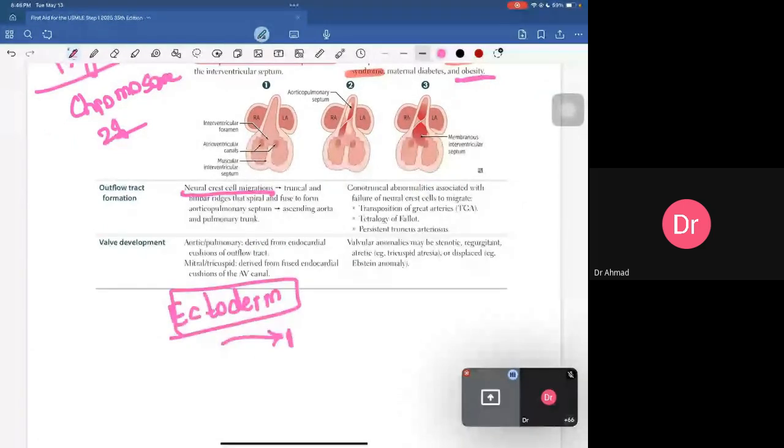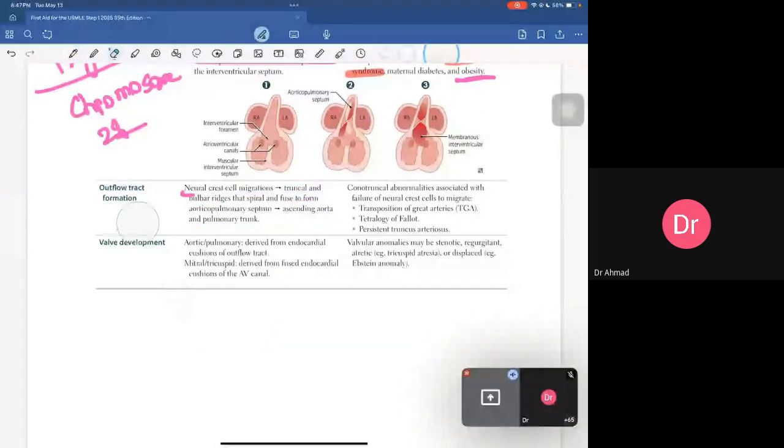And when these migrate, these will form truncal and bulbar ridges, which fuse to form the aorticopulmonary septum. And I have already told you how the aorticopulmonary septum leads to the formation of aorta and pulmonary trunk, right? So that is the way that neural crest will lead to the formation of this, right?